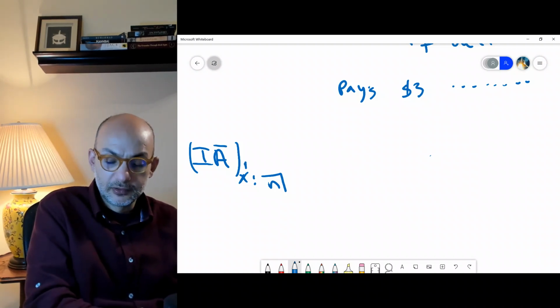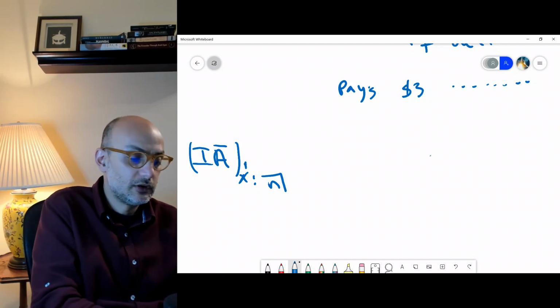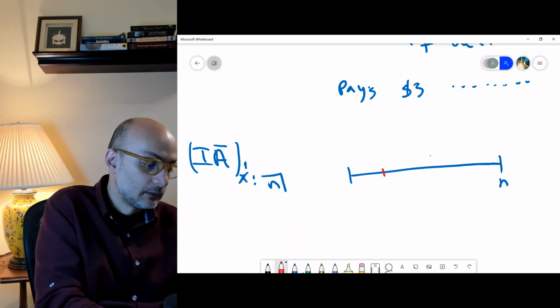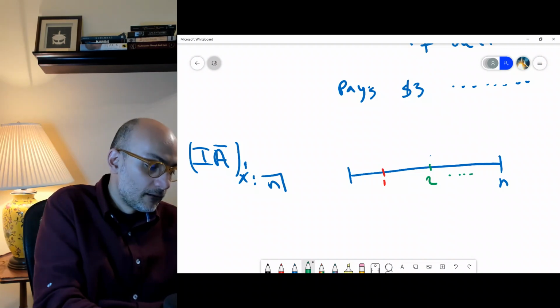It's straightforward, right? It pays $1 at moment of death. If it's bounded between, if death occurs here, it pays 1. If death occurs here, it pays 2.